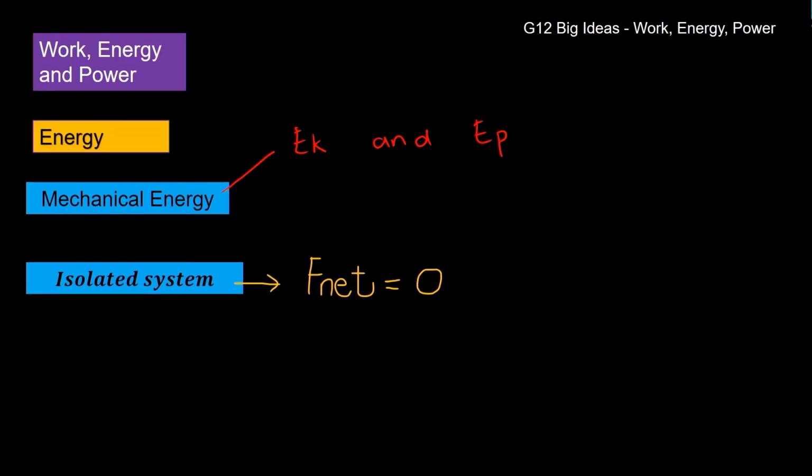We know that kinetic energy has a formula of 1/2 mv squared. That's really important. And it's about the velocity of an object. Potential energy has a formula of mgh, and that is about the height of the object above the Earth.